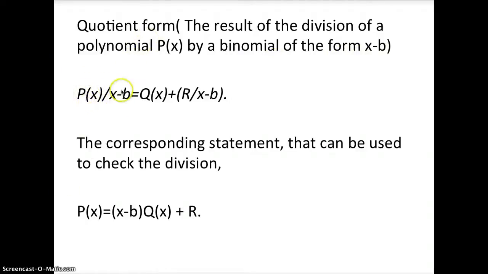P(x) divided by x minus b gives a quotient and a remainder over the divisor. The corresponding statement that can be used to check the division is P(x) equals x minus b multiplied by the quotient, plus the remainder.